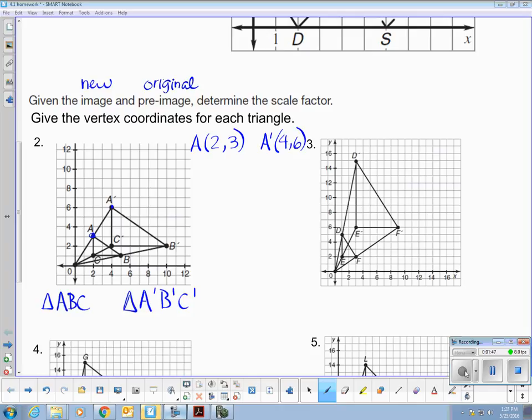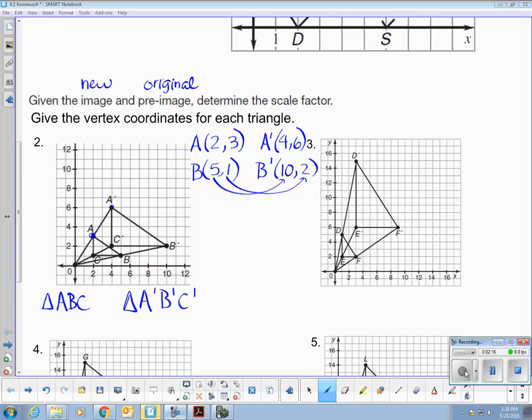And I noticed that the x and the y values were double. If I continue and I compare point B with B prime, again I notice that the x values and the y values were double.